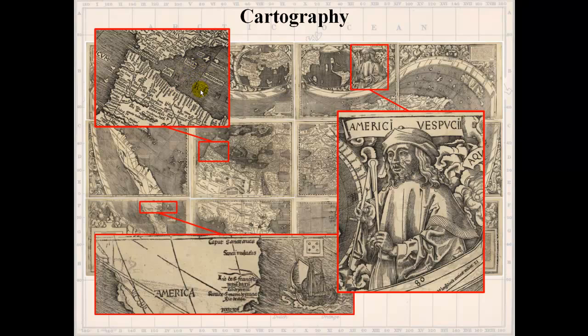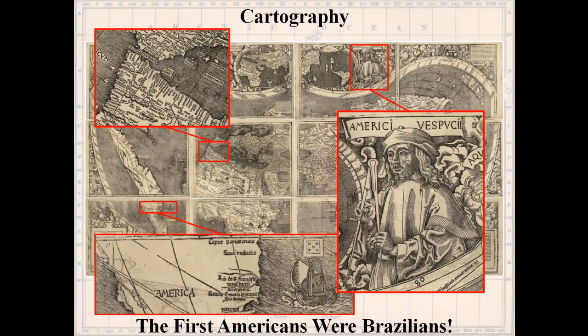So this is what would basically be called what's now a reference map. And a reference map is about getting around the landscape. So it's a way for you to get around the landscape. But little did you know that since this is the first use of America in a map, and this location is pretty much around what is now Rio de Janeiro in Brazil, the first Americans were actually Brazilians.